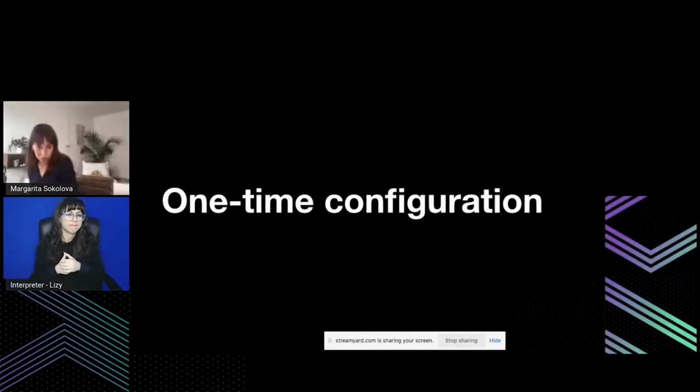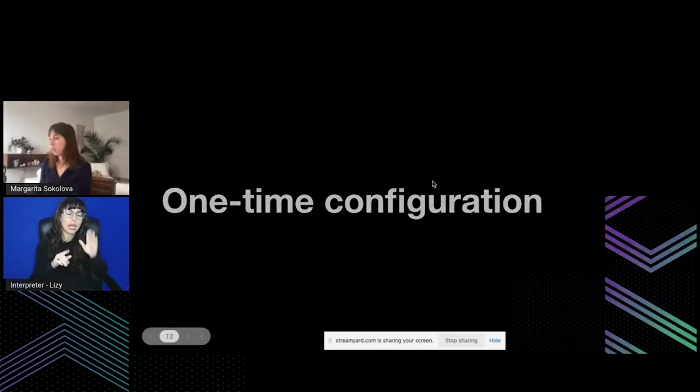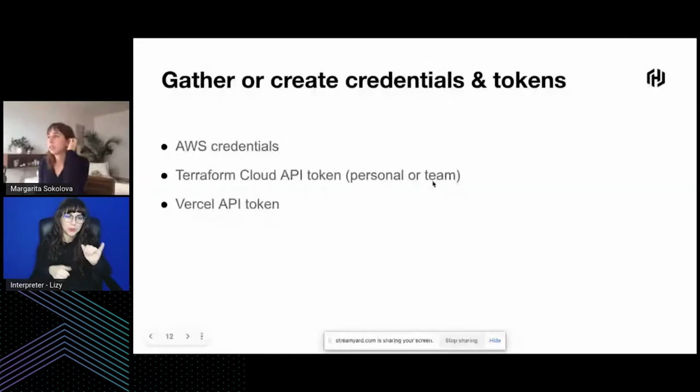So the one-time configuration, some of this I'd done beforehand, but I'll demonstrate how it looks at the end. First I had to gather and create my credentials and tokens for the various services I'm using. This included my AWS credential set, my Terraform Cloud API token. Here you would have the option of using either a personal token or a team token.